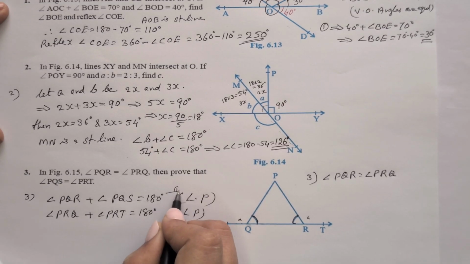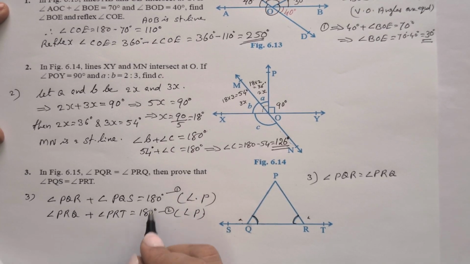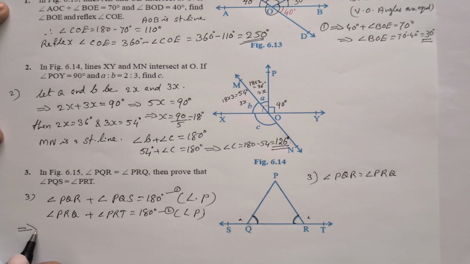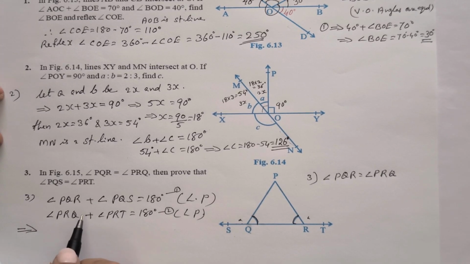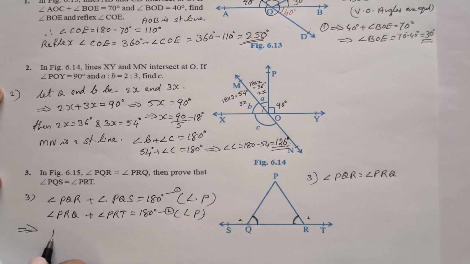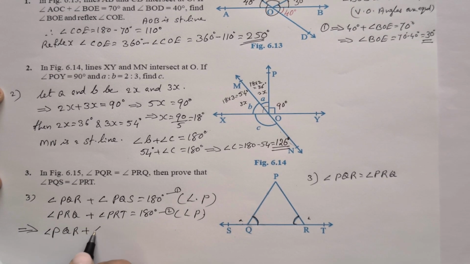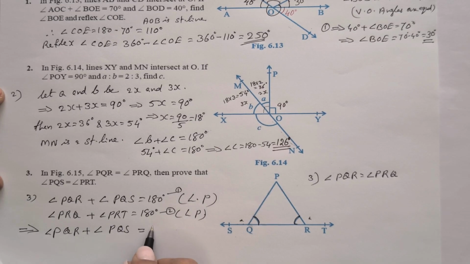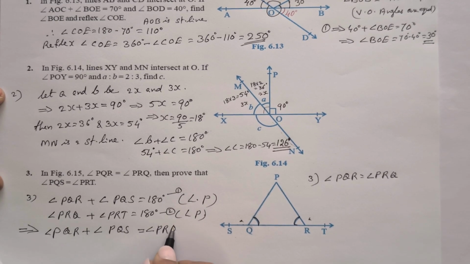Now this is equation number 1, this is equation number 2. When we compare equations 1 and 2, right sides are equal, therefore left sides we can also equate. We can write the left side of the first equation, angle PQR plus angle PQS, which is equal to the left side of the second equation, angle PRQ plus PRT.